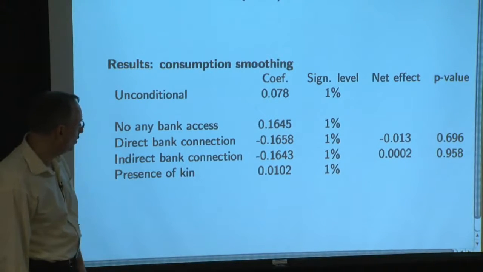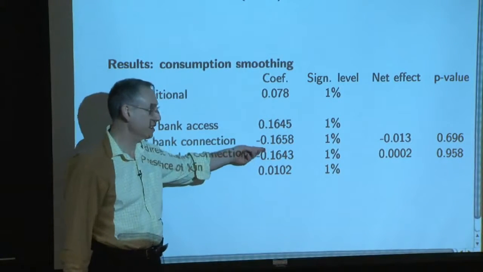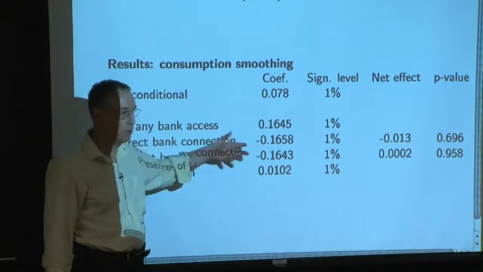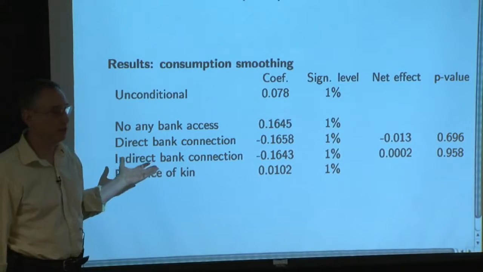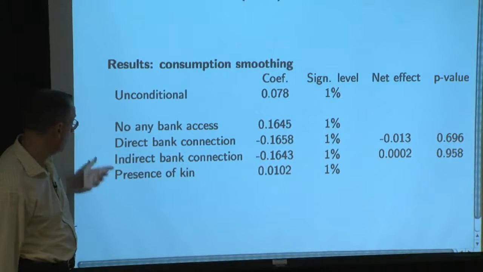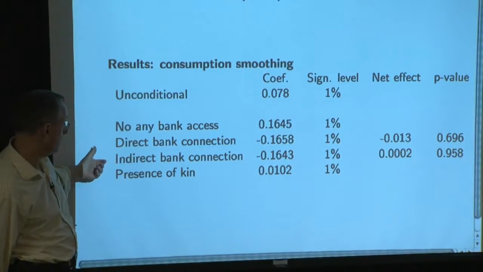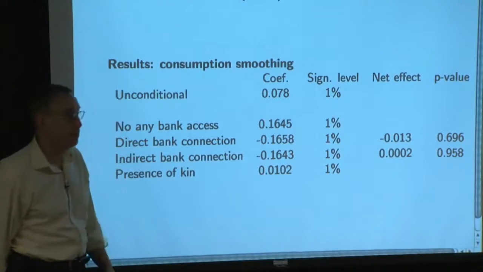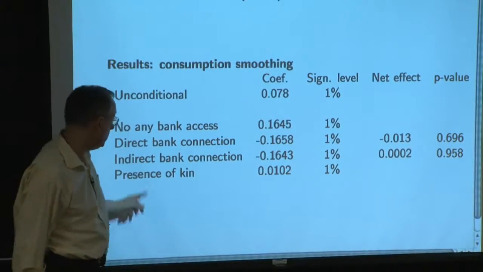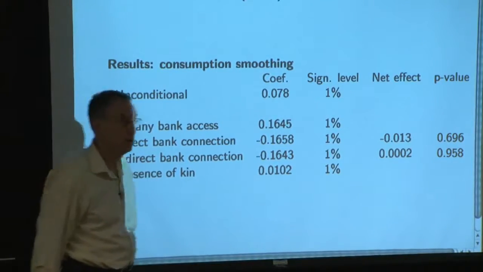Anyway, so the sum of these things is insignificantly different from 0, and the point is, you know, you've achieved the benchmark standard. But equally interesting is when you have the indirect connections, you're subtracting off virtually the same number. Kin didn't help in this case.